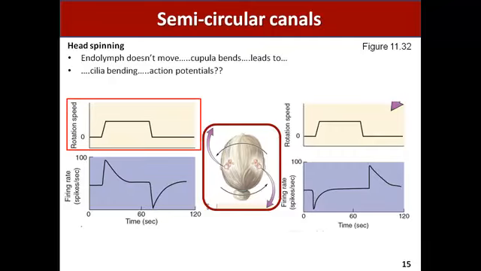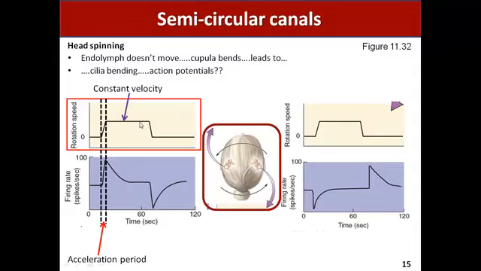If we describe the kinematics of head rotation, we see zero movement, zero speed, and when we spin the head, or just spin the body, it has to go through a period of acceleration, and then we have a constant rate of spinning, a constant velocity.